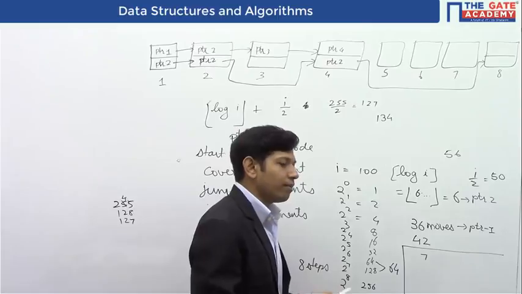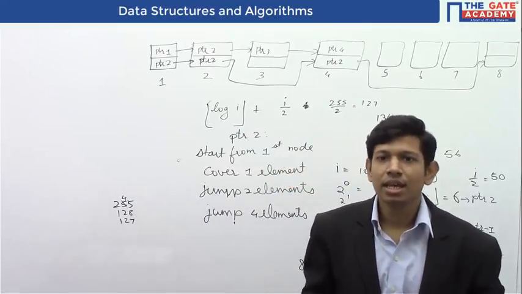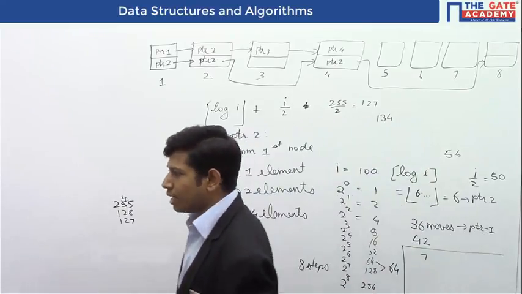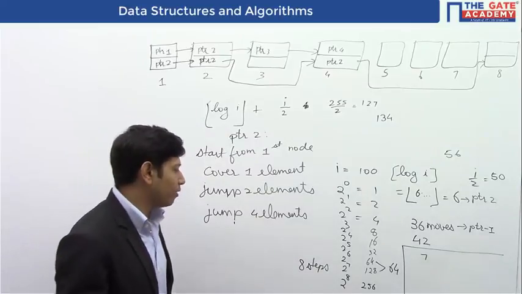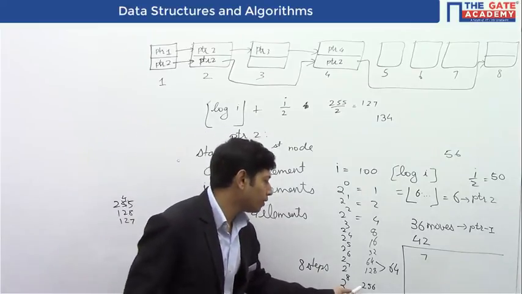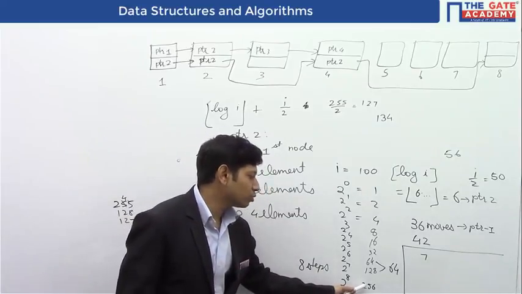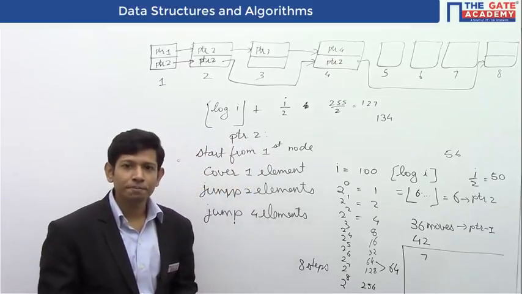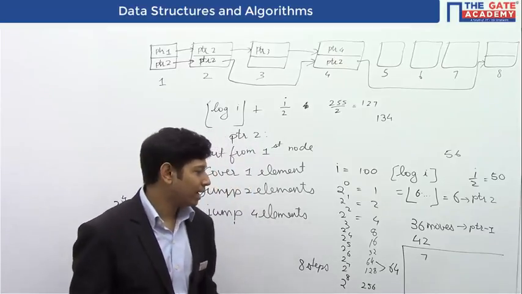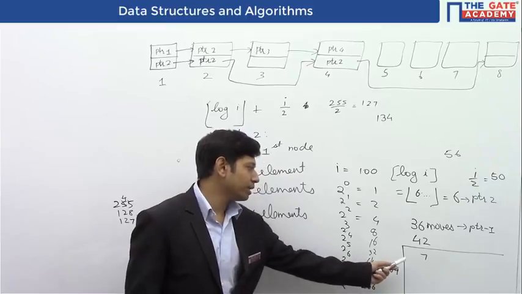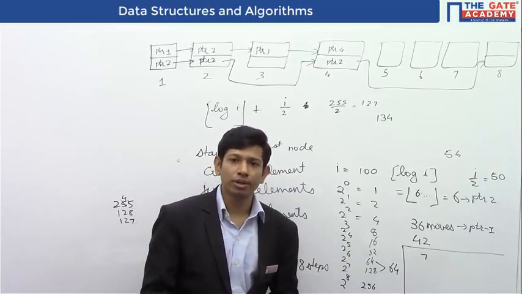So we have got an exact answer, the worst case answer. Even if we have to move to slot 255, even if i is equal to 255, first we use the double pointer and come to 128 consuming 7 moves only.